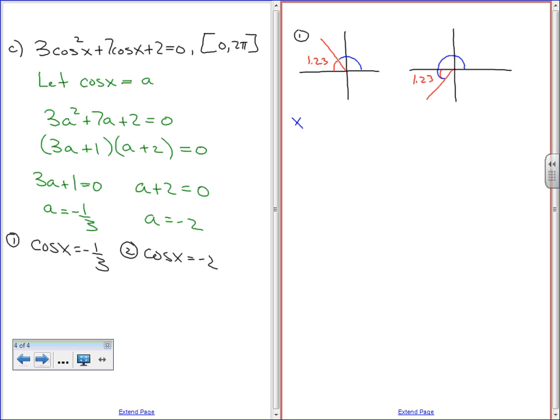I figure out this one by taking pi, which we're going to estimate as 3.14, and subtracting off the related angle. And then for this one here, we take pi and add it to my related angle.